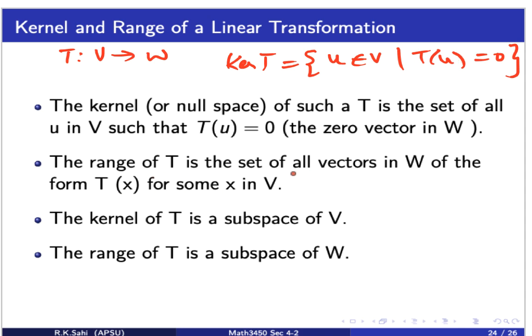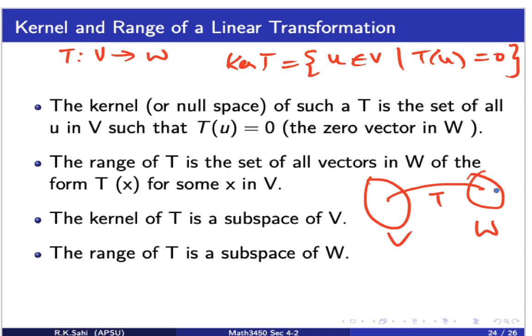Okay, so the range of T. What is the range of T? It is the set of all those vectors in W of the form T(x) for some x in V. So if I make a little mapping here, this is my V and W, some spaces, and T is a linear transformation that takes elements from V to a unique element in W. What does this range of T mean?